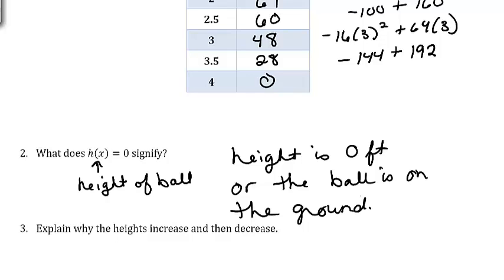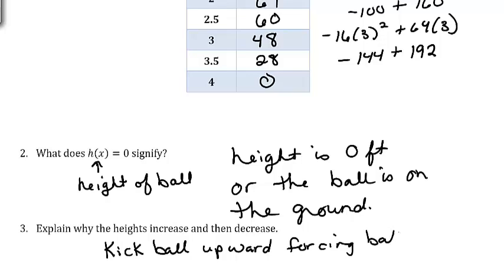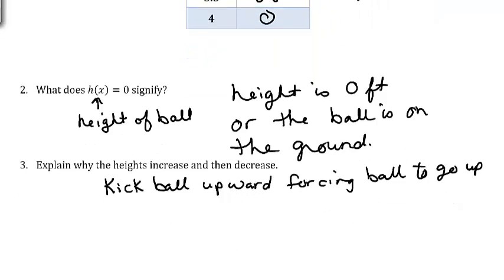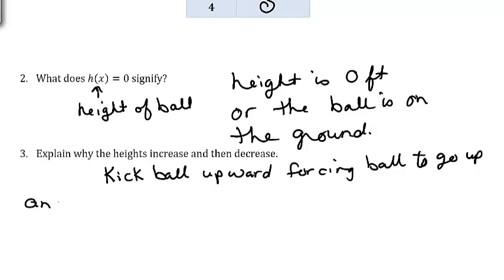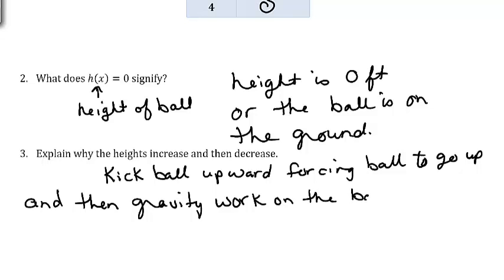Explain why the heights increase and then decrease. So you kick the ball, which forces the ball to go up. And then good old gravity works on the ball. The first thing that gravity does is it slows the ball down.